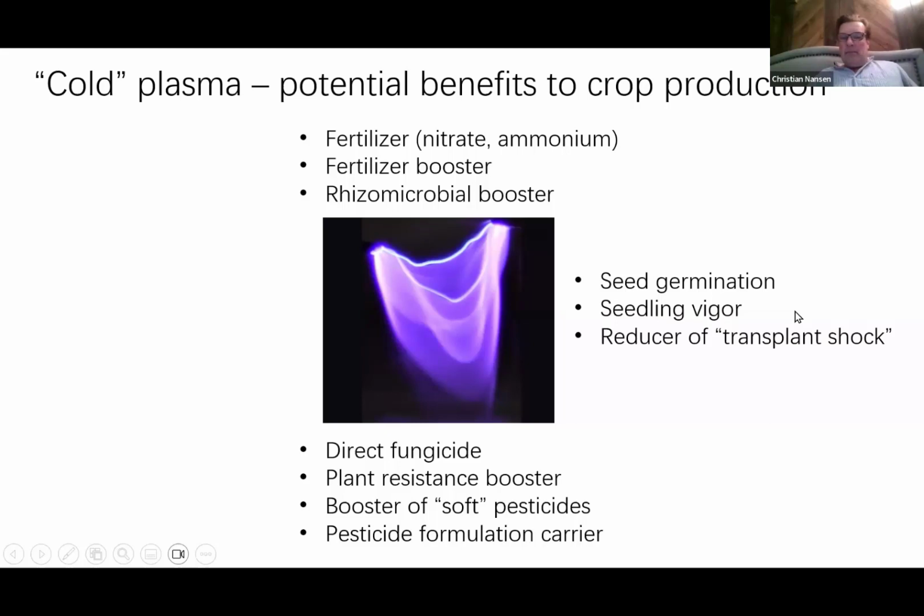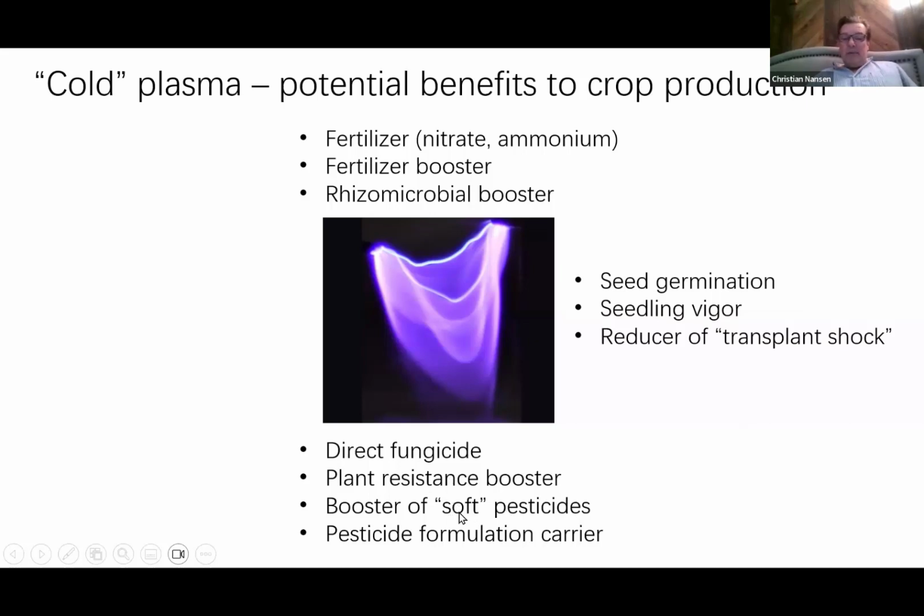On pest management, being diseases and pests, it's well established that it can be used as a direct fungicide in greenhouses in particular. We are also going to show today some very, very compelling data that Patrice, my postdoc, has been generating on how it is boosting plant resistance, so making the plants more resistant to spider mites and thrips.